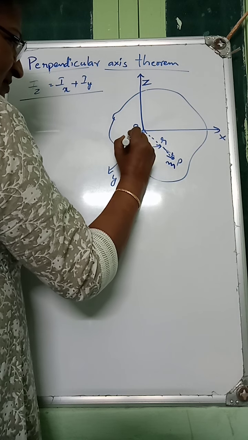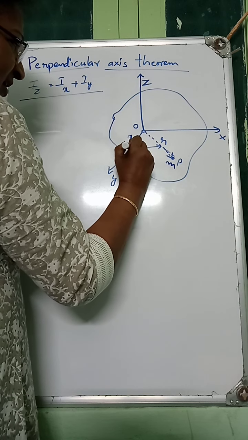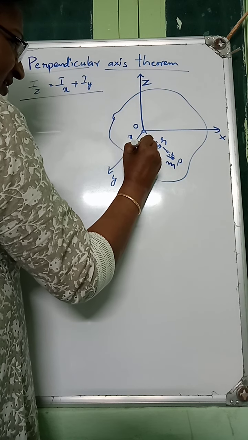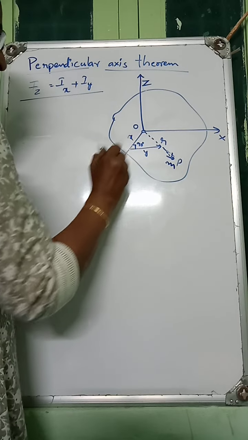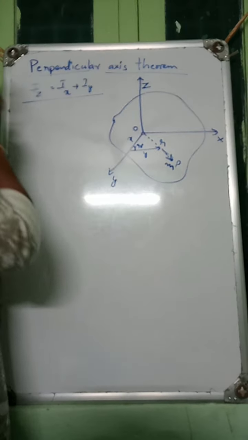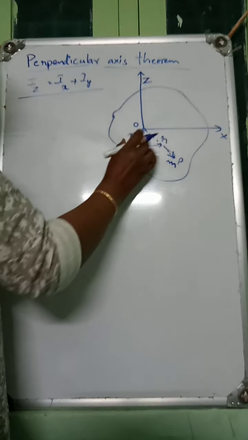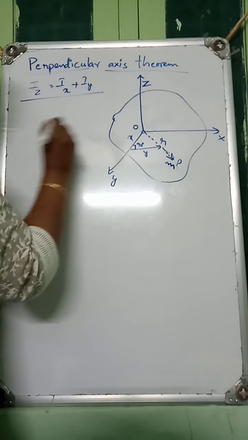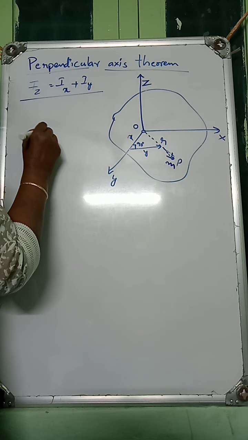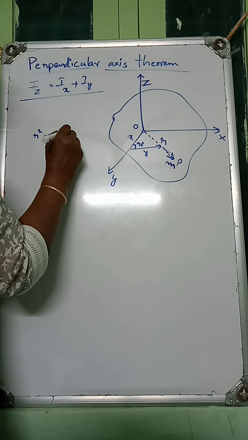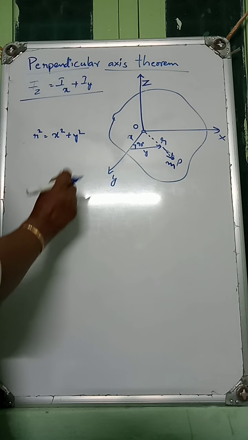This is x and this is y, and this angle is 90 degrees because this is the angle between y-axis and x-axis. Now this is a right angle triangle. Apply Pythagoras theorem. Diagonal square. Diagonal is r. R square is x square plus y square.